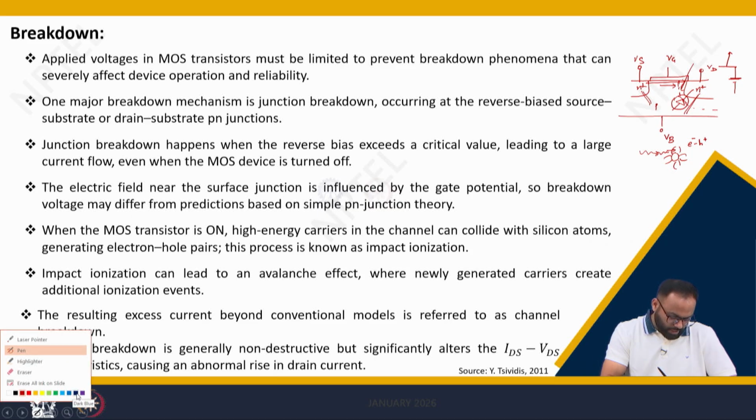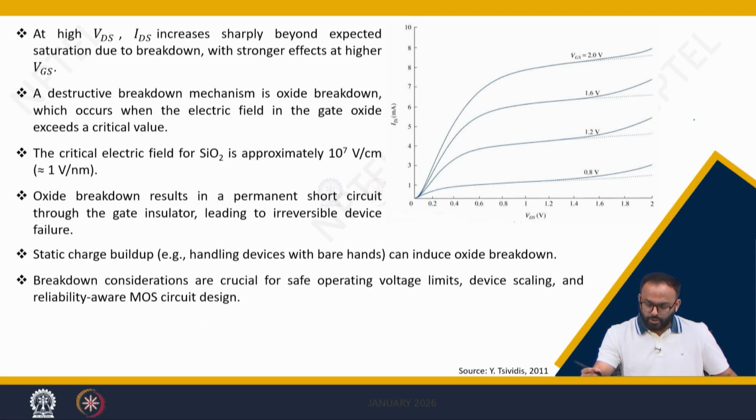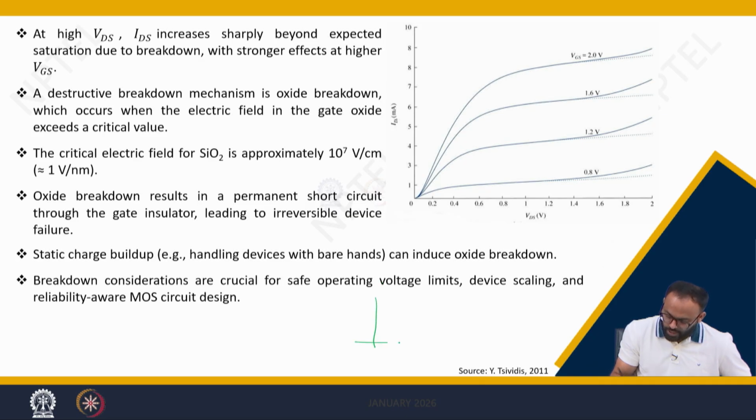So the electron movement is towards the drain and the hole movement is towards the substrate. So this will give you a drain to body current, correct. Because of that, the overall current IDS increases. So in the breakdown region, you are expecting the current will look like this, but it will somewhat increase. That is what is visible here. This is the breakdown phenomenon.